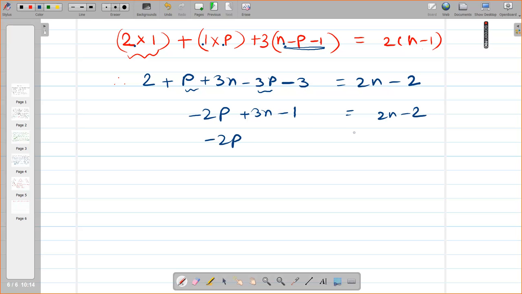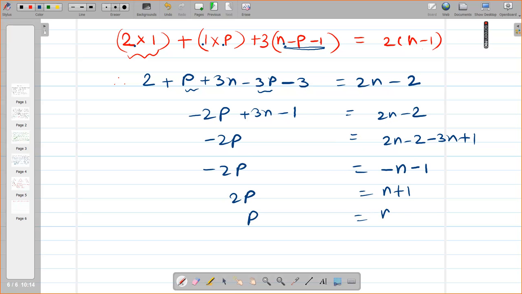So minus 2p is equal to 2n minus 2 minus 3n plus 1, that is minus n minus 1. So the minus sign cancels and p is equal to (n plus 1) by 2. So if you know how many vertices there are in the binary tree, you can find out the pendant vertices.